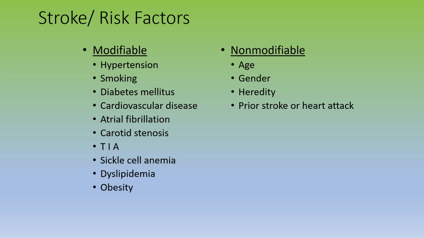Specifically for women, the factors that increase the risk for stroke are pregnancy, oral contraceptives, hormone replacement therapy, high triglycerides, history of migraines, or thick waist. So what really increases your risk factor for stroke is if you smoke and if you're on oral contraceptives. It doesn't matter what age, it really increases your risk factor for stroke.